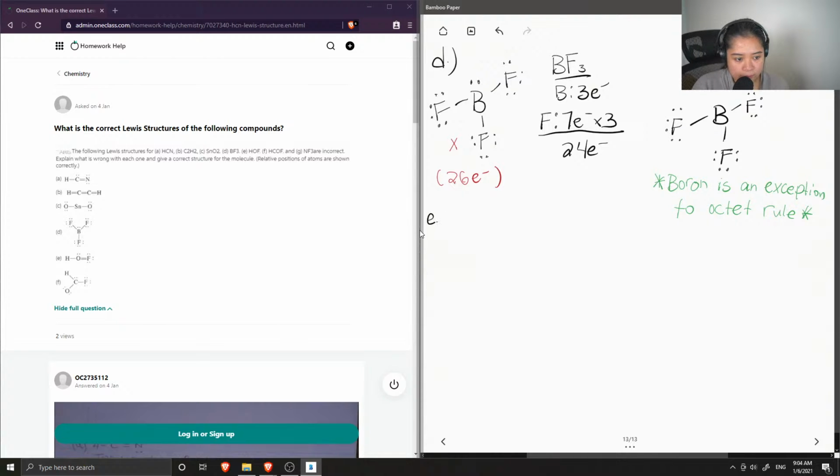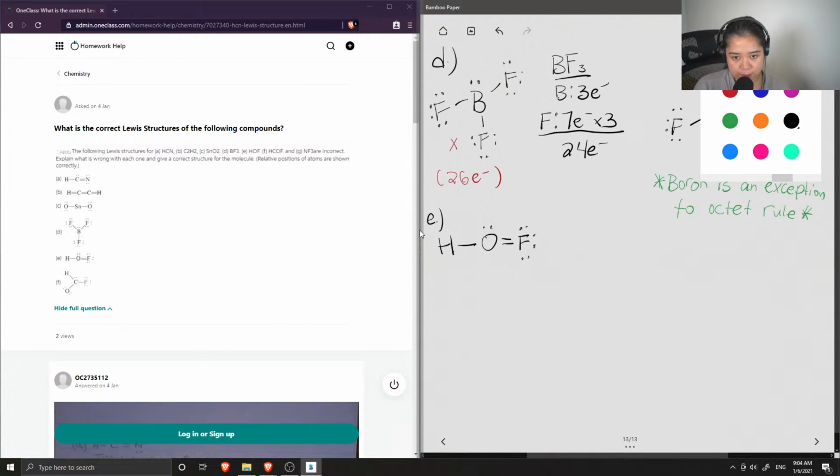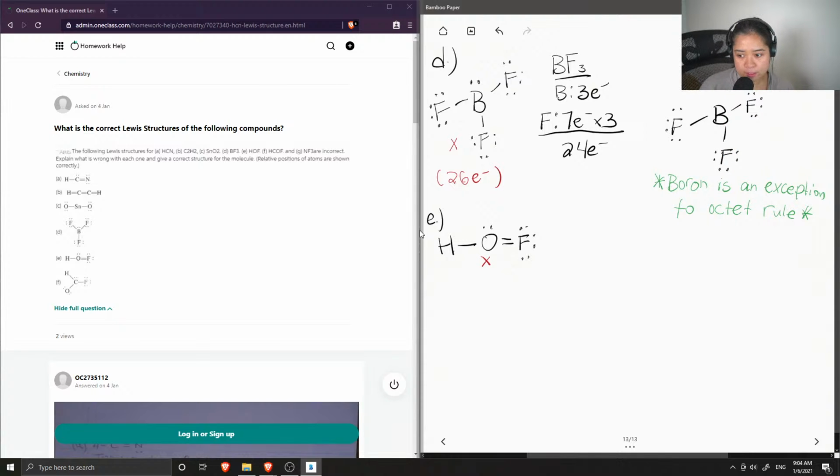Okay, so now moving on to E. Already you can see that something is wrong because the fluorine has a double bond. And typically it's not that common for fluorine to have a double bond.